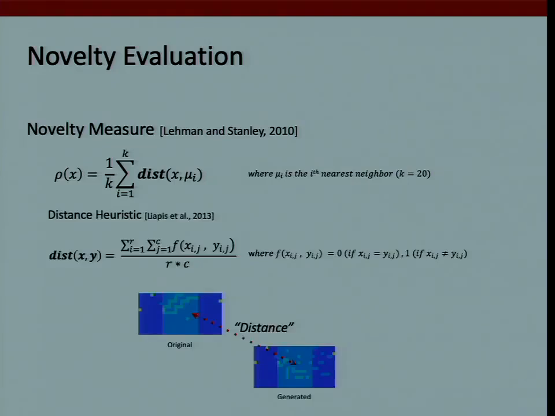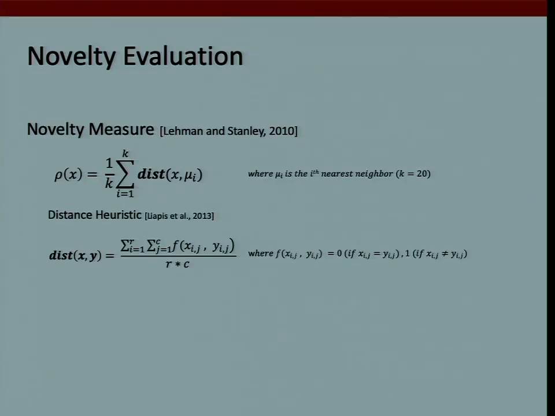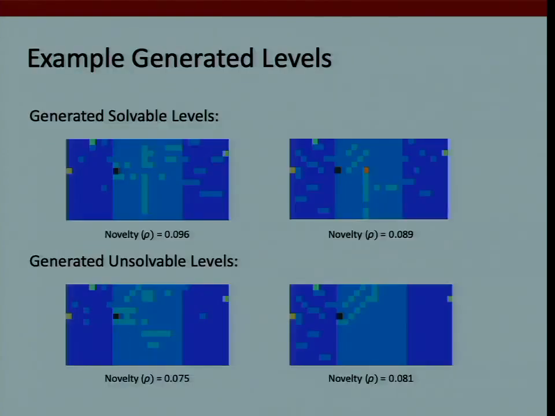This distance heuristic was adopted from Wiebe and colleagues' work, where the distance between two tile-based levels is defined as the number of mismatched tiles at the same coordinate divided by the total number of tiles in the level. And these are some examples of generated solvable levels and generated unsolvable levels.